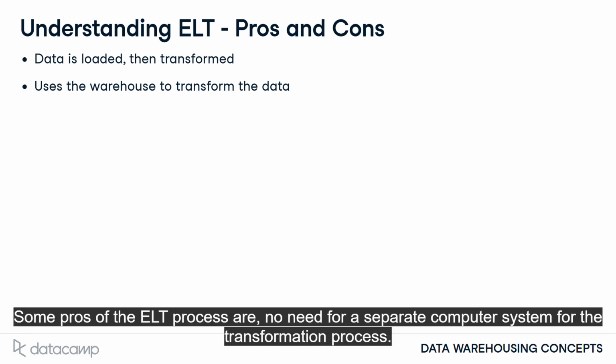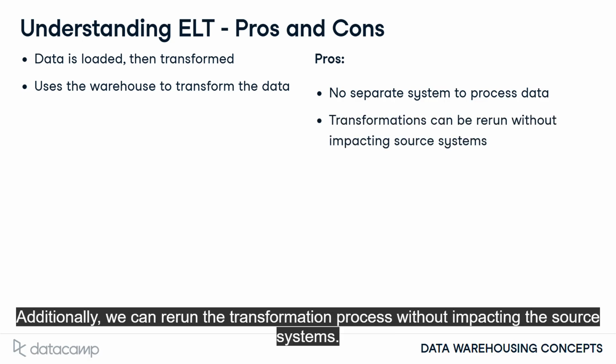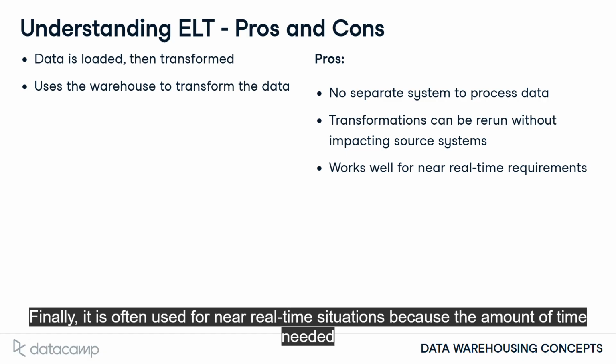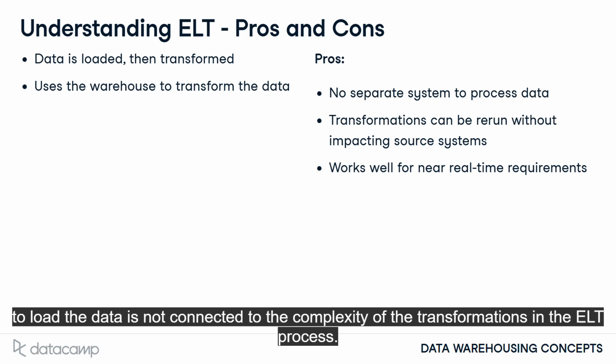Some pros of the ELT process are no need for a separate computer system for the transformation process. Additionally, we can rerun the transformation process without impacting the source systems. Finally, it is often used for near real-time situations because the amount of time needed to load the data is not connected to the complexity of the transformations in the ELT process.